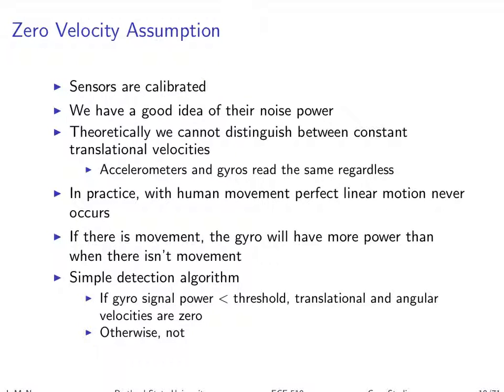So if there's movement, you're going to have some power in your signals. It's not like it's just going to be constant, even though it could theoretically. And the gyro, so one of the assumptions is that there's never constant velocity, there's only ever periods of zero velocity.